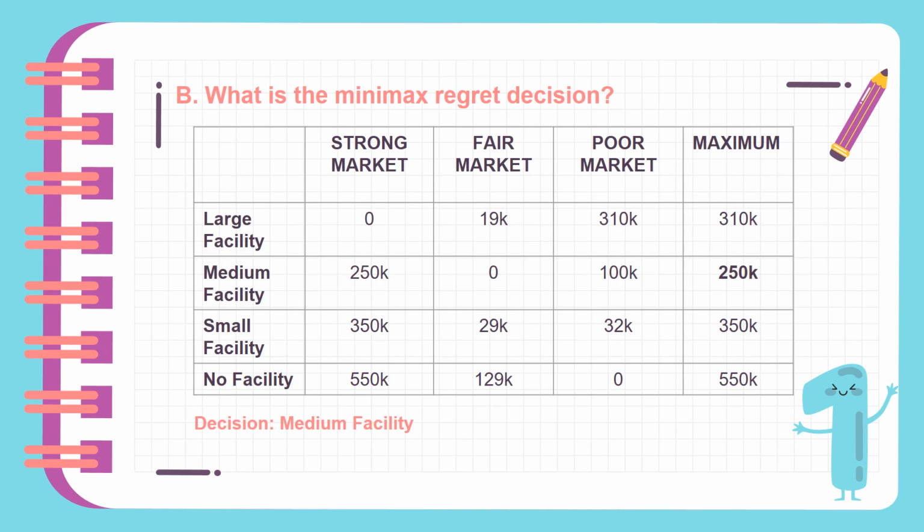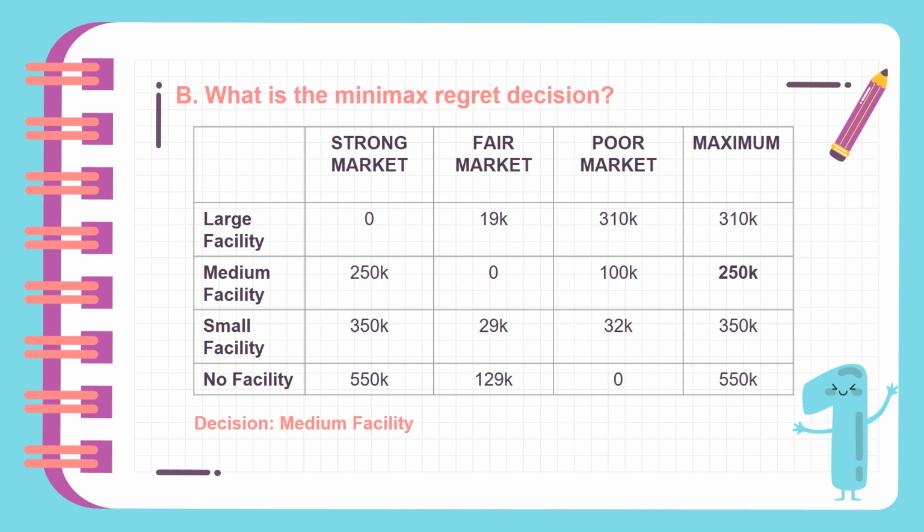For the small facility, 350,000 versus 29,000 versus 32,000, the maximum would be 350,000. And for the no facility, 550,000 versus 129,000 versus zero, the maximum would be 550,000.